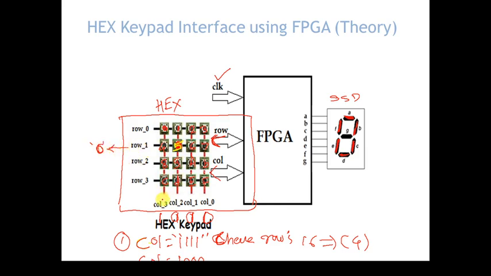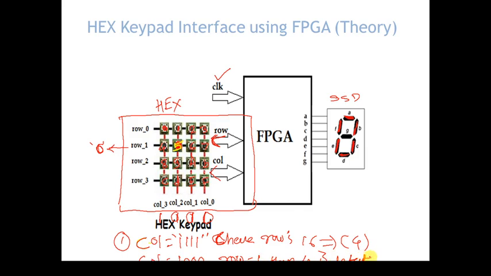We are checking each and every row value. If row 1 is still 1, in this condition, if the column is 1 0 0 0 and the row is 1, then we can say 4 is detected.